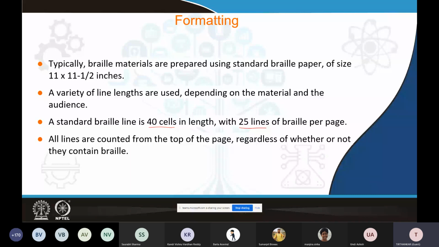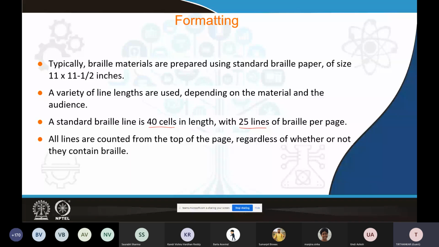Now, one of the major issues with this is that as a result of such a low number of characters per page, the number of pages becomes very, very large. So in fact, if you want to convert an entire book written in English to Braille, a book of 100 pages may take 500 or 600 pages when you are printing it in Braille.